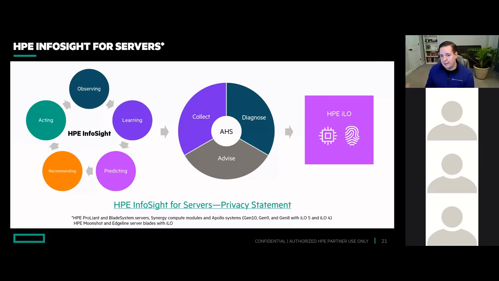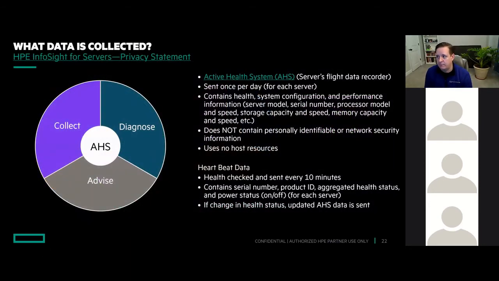So it works in concert with iLO and the Active Health System built into the server. Now, the Active Health System is something like a black box you'd find on an airplane. It's a flight recorder. And what it's doing is watching the telemetry of the server as it relates to hardware health and configuration, right?